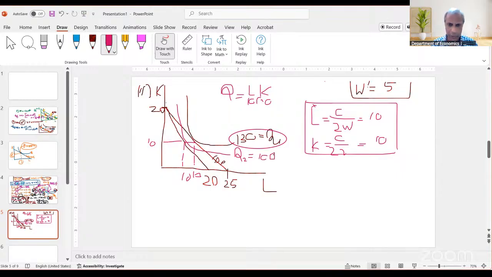Now suppose you run a firm, and the wage rate has increased, due to tax or whatever. Now your firm can produce weekly or daily only 100.